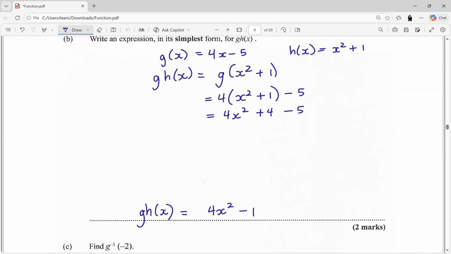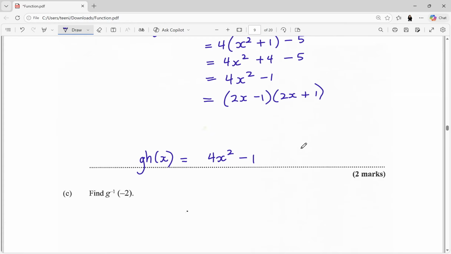Now, if you had to factorize this, it's a difference of squares. So you can write this in terms of its factors as 2x minus 1 times 2x plus 1. Difference of squares because this is a square term and this is a square term. So the square root of 4x squared is 2x and the square root of 1 is 1. And to factorize it, you write it like this with different signs.